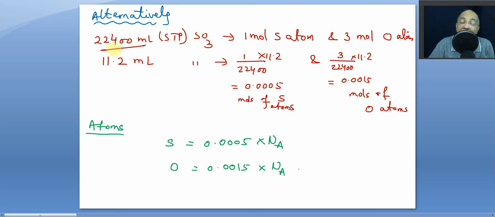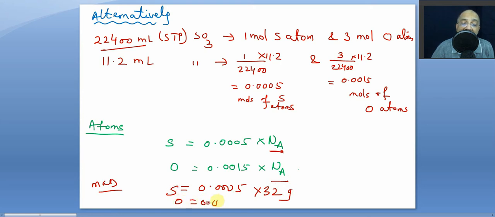So 22,400 ml contains 1 mole of sulfur atom, 3 moles of oxygen atoms. Then 11.2 ml contains how many moles of sulfur atoms, how many moles of oxygen atoms. Then into Na will be the number of atoms. And once you get that, you can get mass. So mass will be that number of moles into 32 gram, and oxygen will be that number of moles into 16 gram.